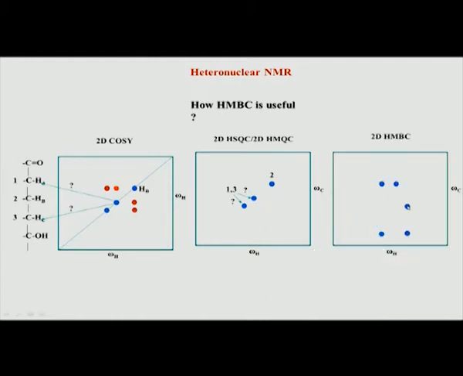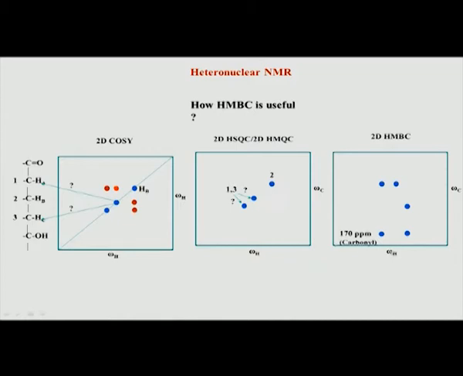Now, let us look at HMBC, what information it gives and how it helps. Let us say I record a 2D HMBC on this molecule, and as we saw in the previous slides, this vertical axis is carbon and the horizontal axis is proton. Now, let us say that I am seeing a peak at 170 ppm along the carbon axis, and remember, according to our carbon chemical shift scales, a carbonyl comes around 170 ppm, and we have a carbonyl in our molecule.